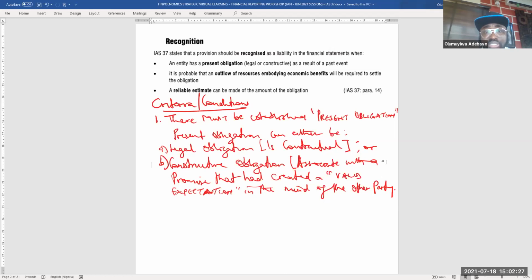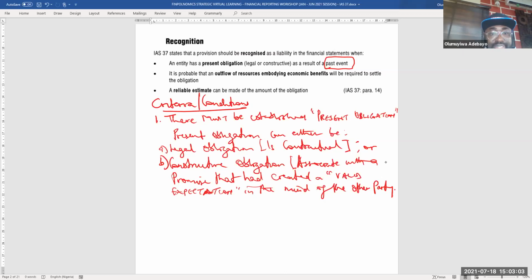In that case, such an obligation for accounting purposes is expected to be taken into cognizance, because failing to meet such obligation might erode further your economic benefits through various actions or inactions of this community or of those other parties, as the case may be. And therefore, such will be taken into consideration. But what is also key about it is that this present obligation must have arisen from past events.